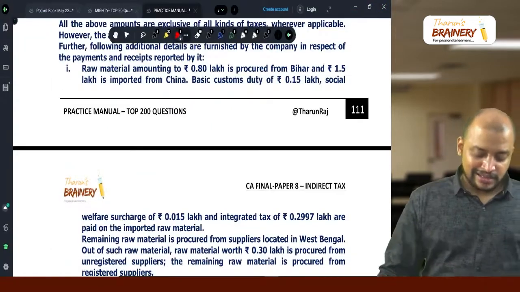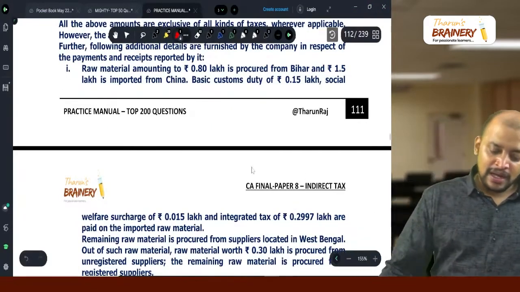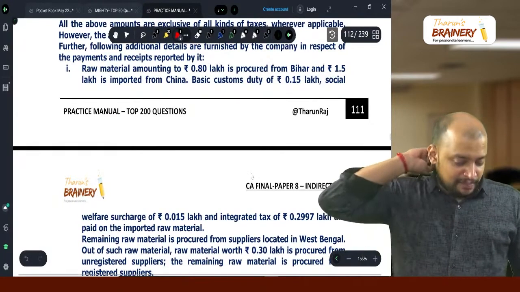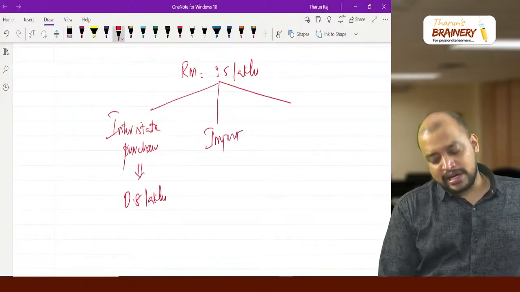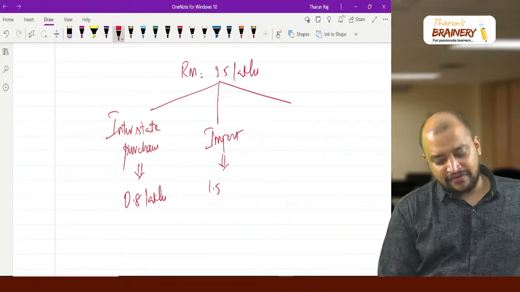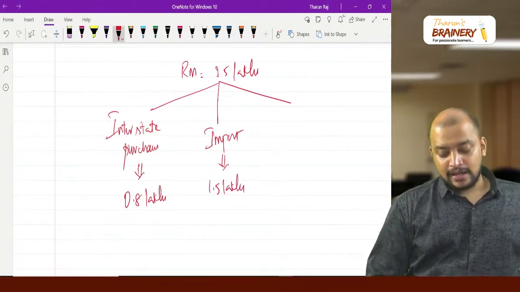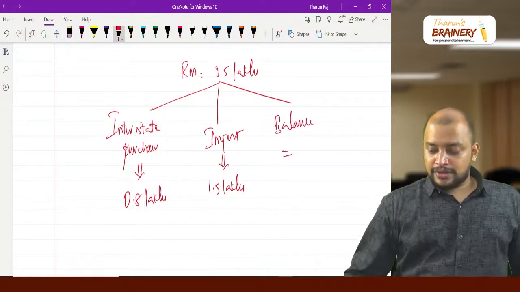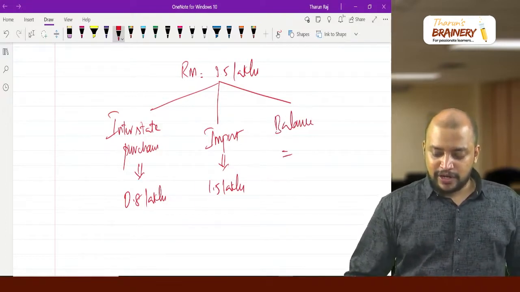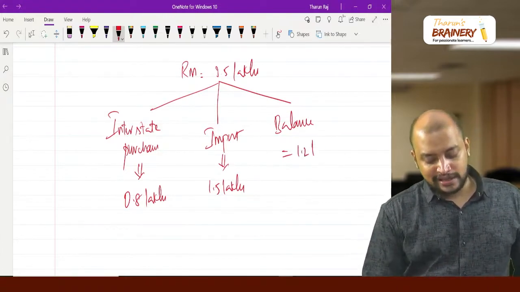And then import is 1.5 lakhs. So the balance, 3.5 minus 0.8 minus 1.5, is 1.2 lakhs.